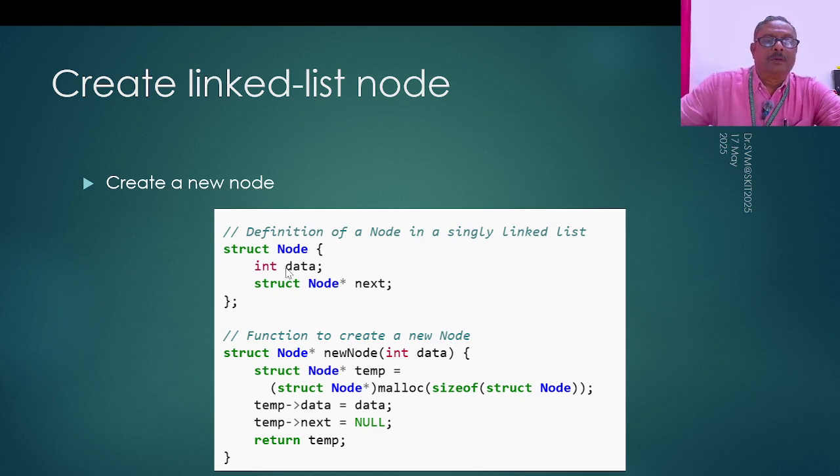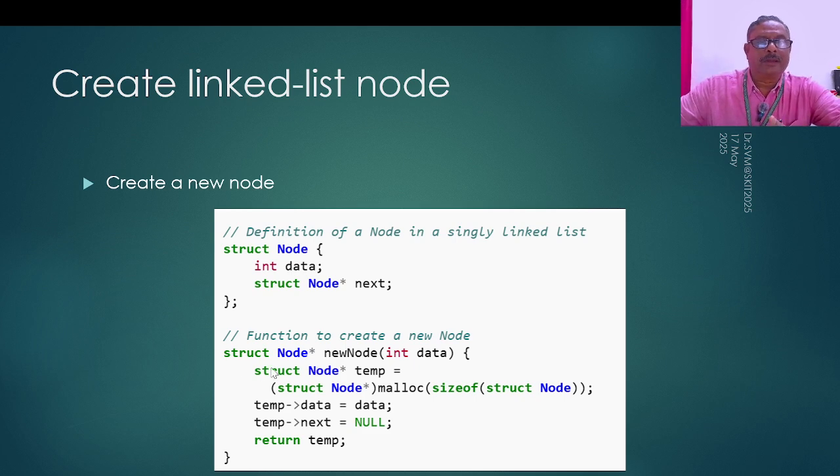So we define a structure called node, which consists of two parts. One part is called data, which is of integer type, and another part is called next, which is a pointer to a structure called node. Now let us see how a new node is created.